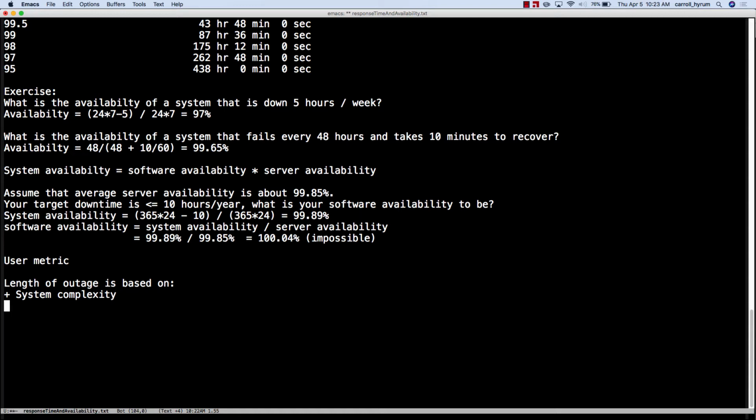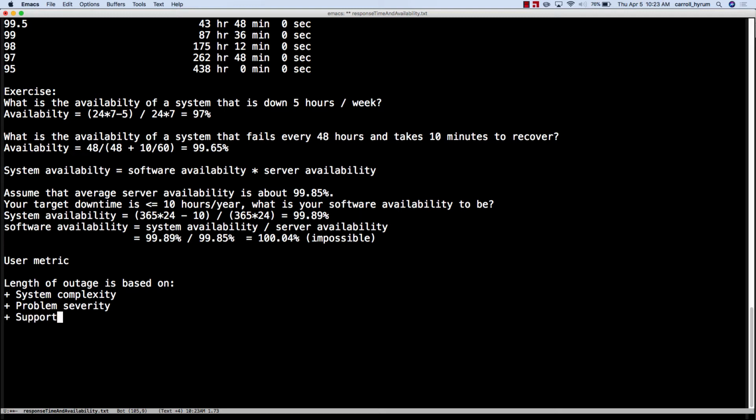If it has to connect to lots of databases, as the complexity goes up, the outage increases. It also depends on what severity class we're talking about. Is this a huge severity or is it a much smaller severity? Are we talking about outage of several systems, several components, or just a single component?